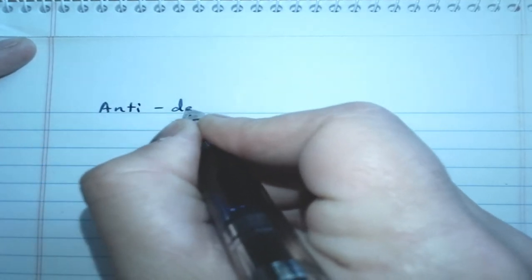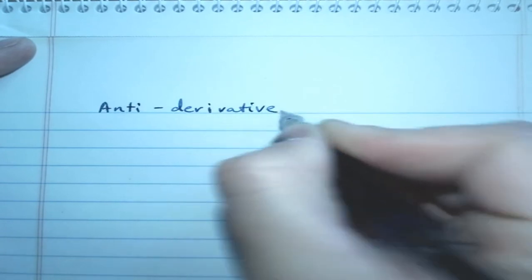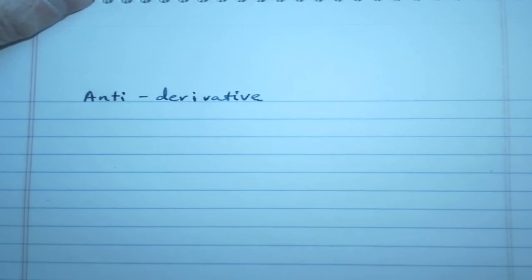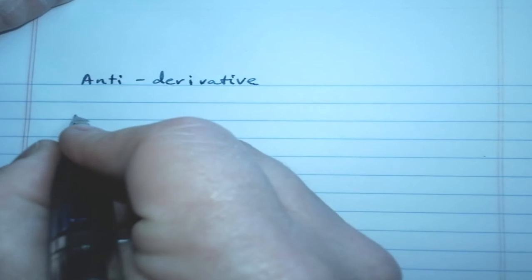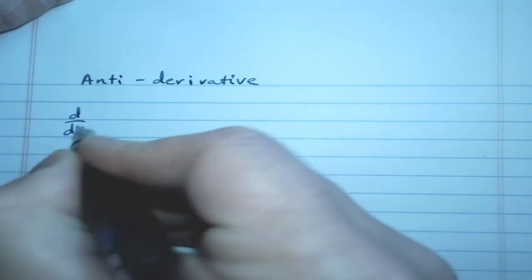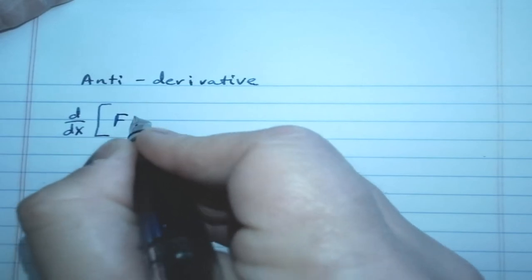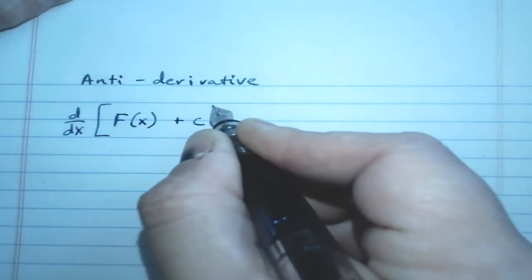So today we're going to introduce a topic called the antiderivative. Okay, the antiderivative. So up to this point in the class, we've been taking derivatives. Derivative. Okay, so we'd say d dx, the derivative of some function plus a constant.